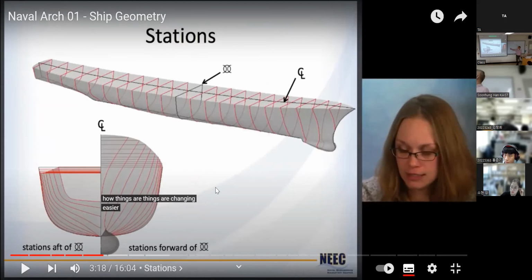Why are the station shapes or curves important? Because we need to build the ship using steel plates. So you need to put steel plates one by one here, one by one here, one by one here.